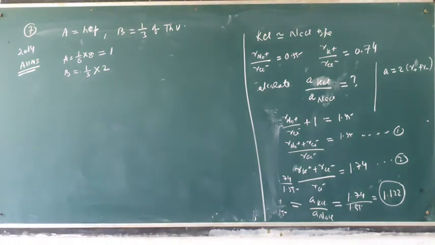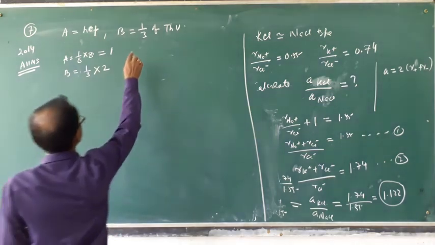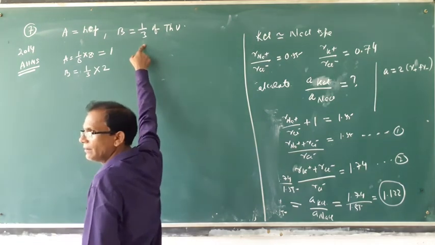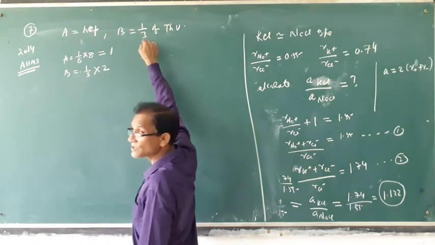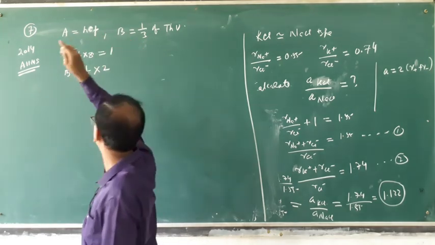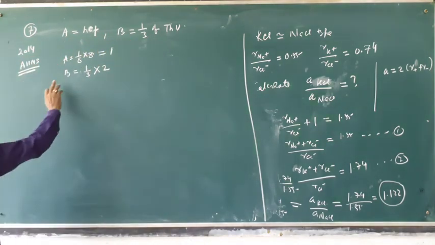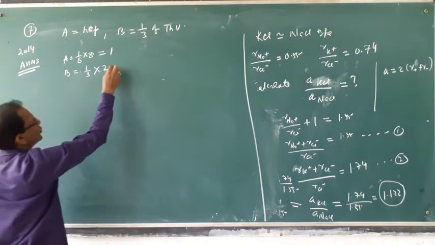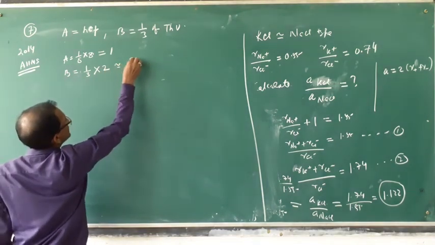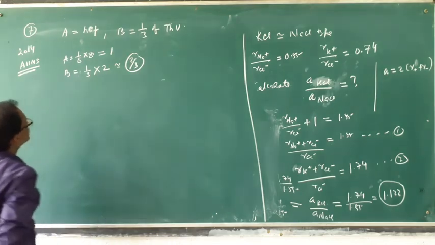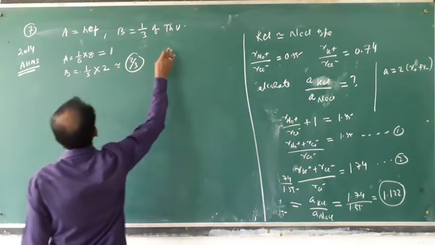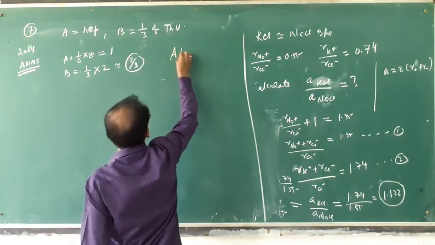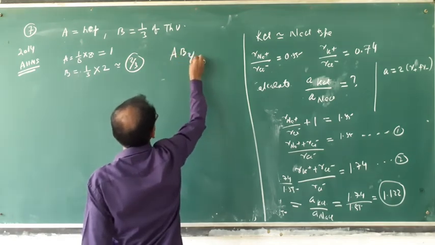Number of tetrahedral voids will be twice the number of spheres. As the voids are 1/3, the number of spheres will be 1/3 into 2. That will be 2 by 3. So B is 2 by 3. So the crystal formula will be A and B 2 by 3.